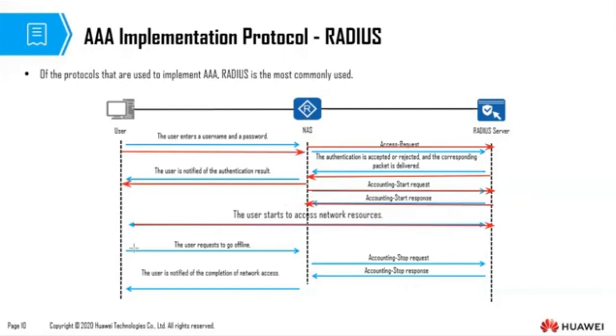After the user is done with accessing network resources, they'll send a logout message. When the NAS receives it, it's going to forward or generate an accounting stop request and send it to the Radius server. Then the Radius server is going to respond with accounting stop response.